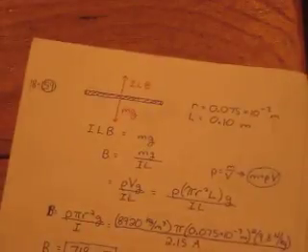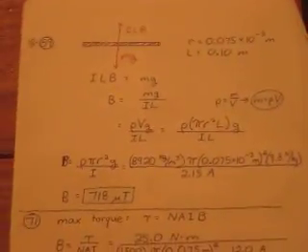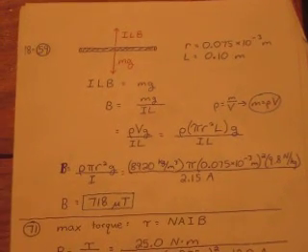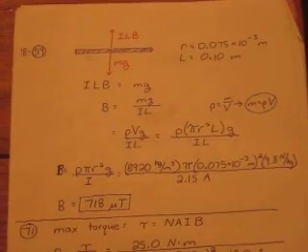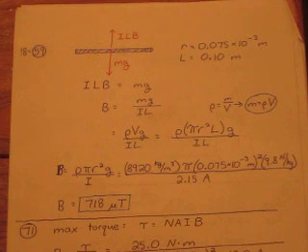It just occurred to me that on a previous problem, I want to go back and look at number 59. The question asked, find the magnitude and direction, and I don't think I addressed the direction. Well, it doesn't say the direction the wire is going, except that it's in a horizontal plane.